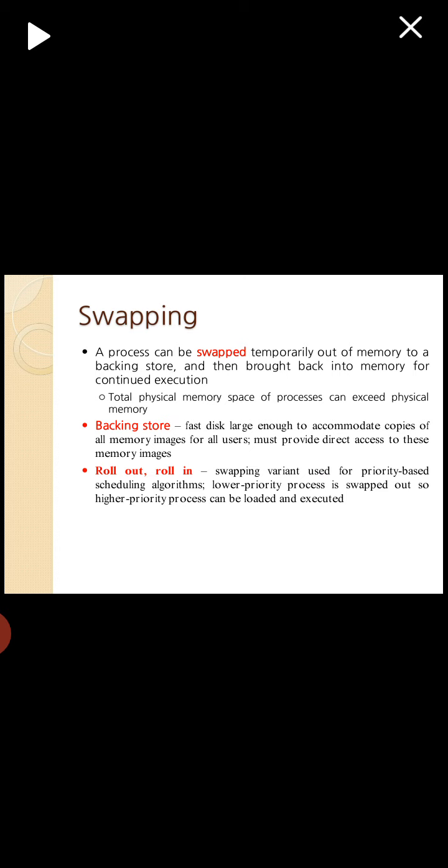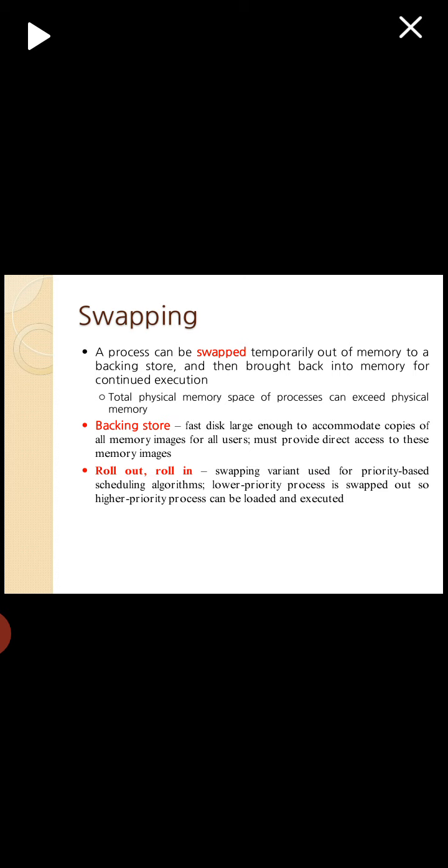For that purpose they use two important concepts. The first one is the backing store, which you already understood, and the second one is roll out and roll in, a swapping variant used for priority-based scheduling algorithms.